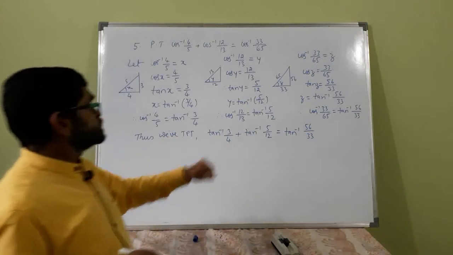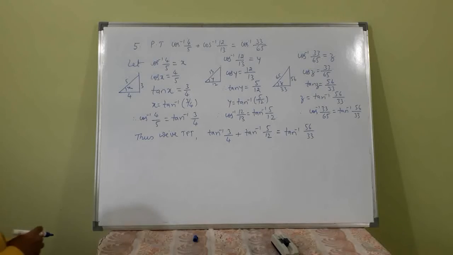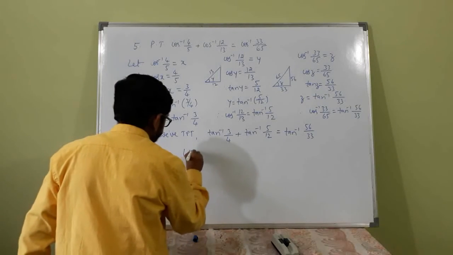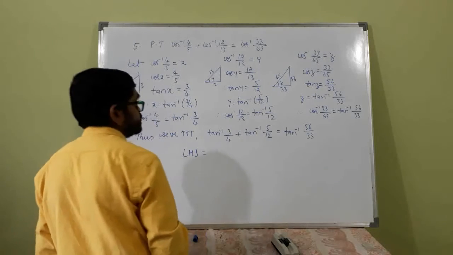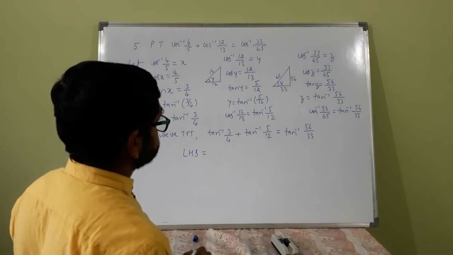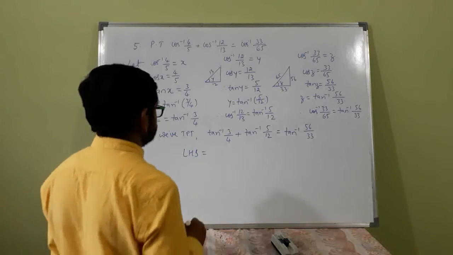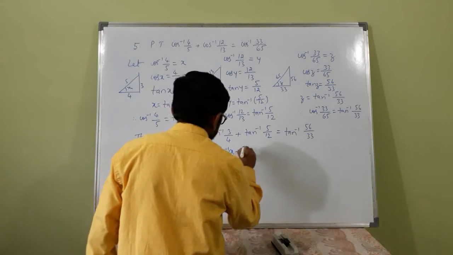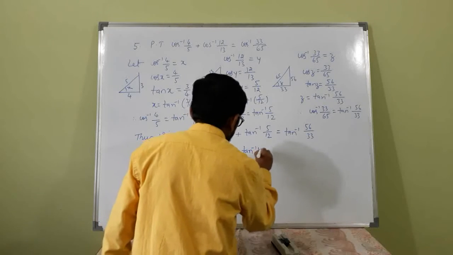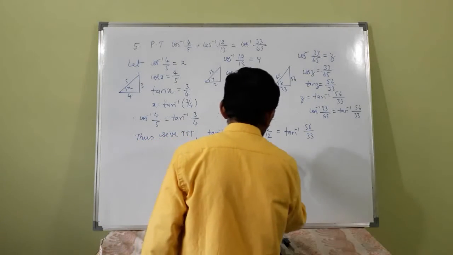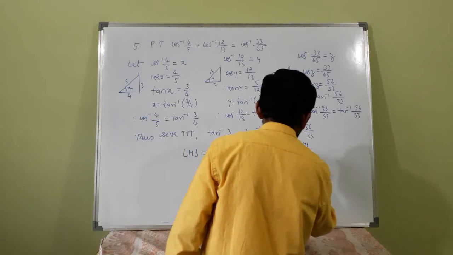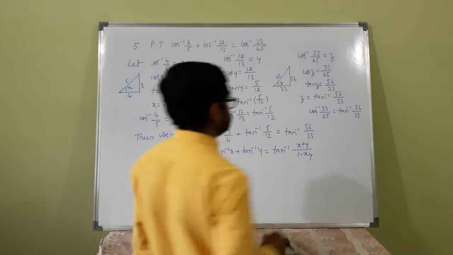Consider the LHS, tan inverse of x plus tan inverse of y. This is equal to tan inverse of (x plus y) divided by (1 minus xy).